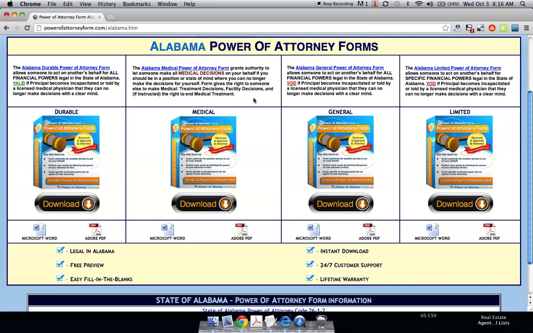But the form only kicks in when the principal, the person who's handing over their power, becomes medically incapacitated, which means if they can't think for themselves anymore because of dementia or Alzheimer's, then this form becomes in effect. And what does it cover? Treatment decisions, medical facility decisions, and if instructed, the right to end medical treatment. But that has to be specifically stated that the person has the right to do that.